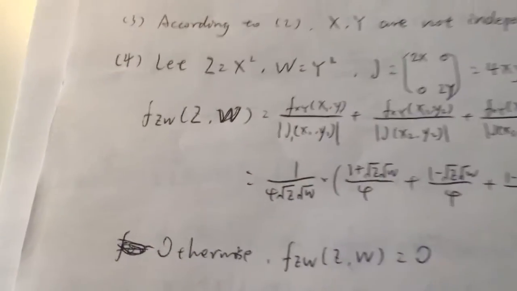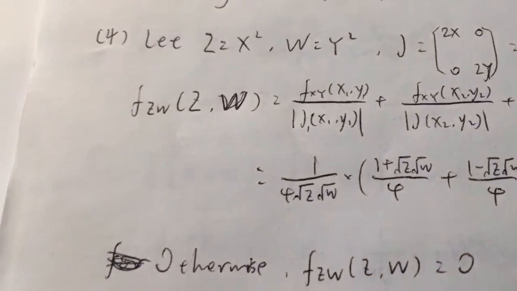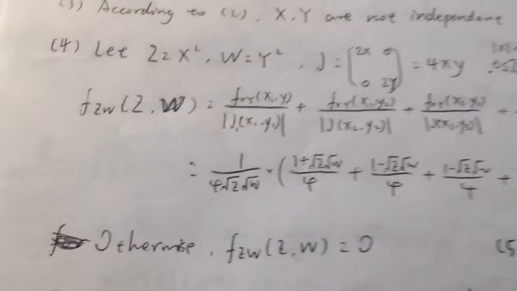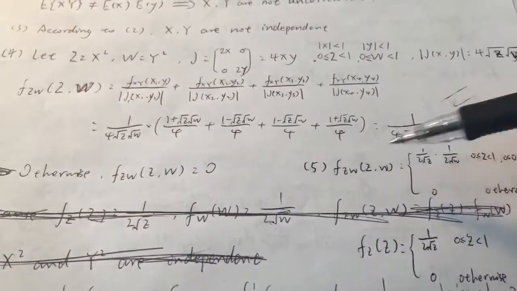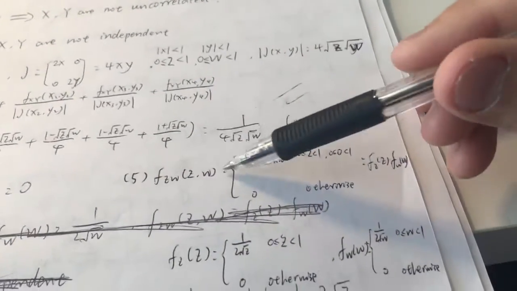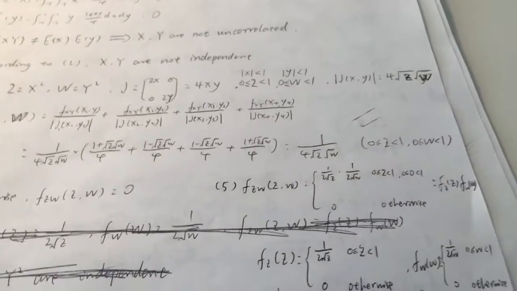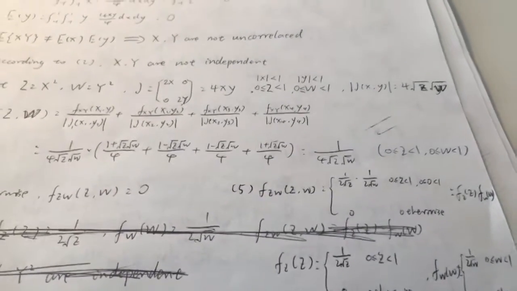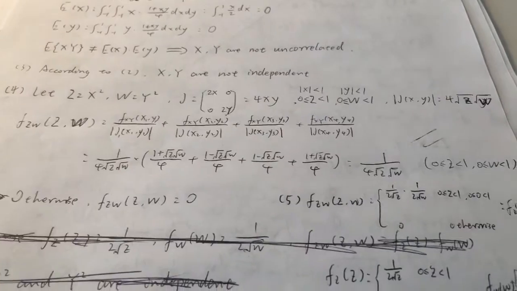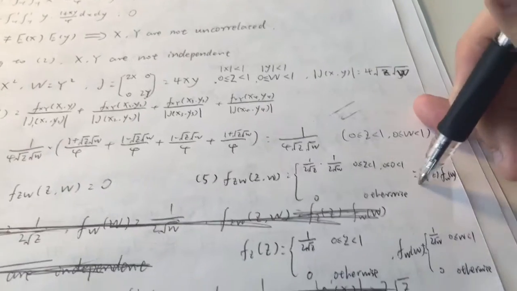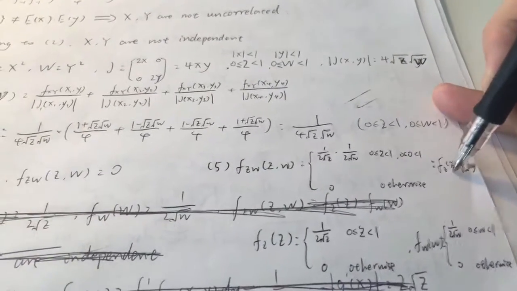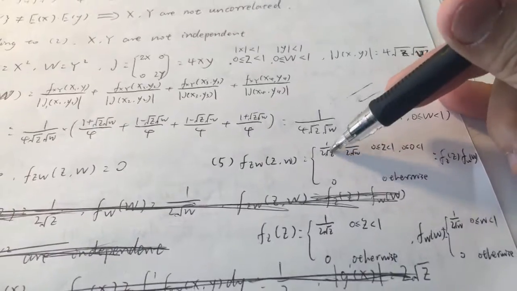And now in the last question, we need to prove or disprove that the square of x and the square of y are independent. From the fourth question, we have the joint density function of z and omega like this. Also, we can easily get the density function of z and the density function of omega like this.